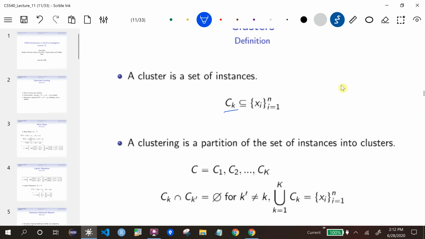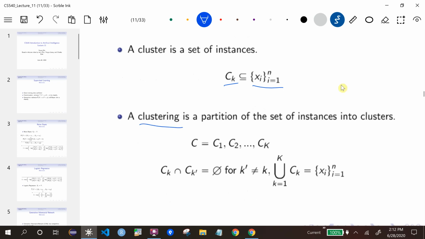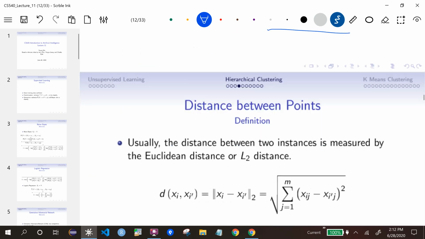So a cluster is basically just a subset, and a clustering is different from a cluster. A clustering is the partition of the instances into clusters. A partition basically means they are disjoint and they sum up to the complete training set. So that's the mathematical definition.